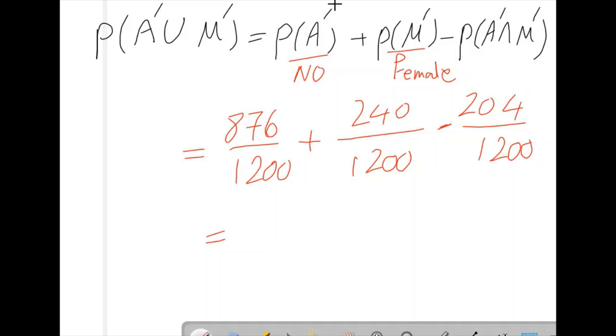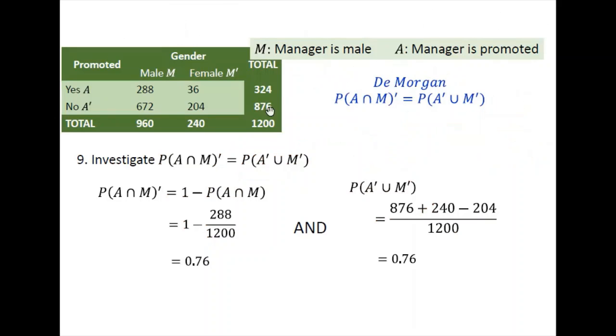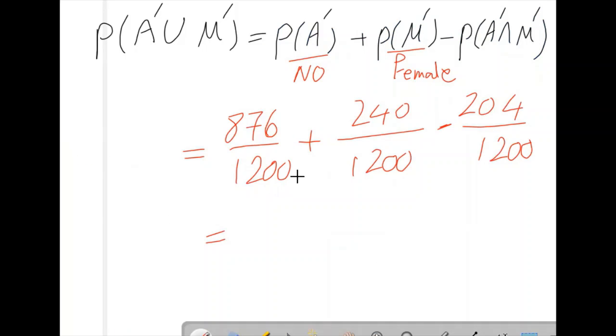A prime means no promotion, and M prime is female. So the probability of no promotion is 876 divided by 1200.